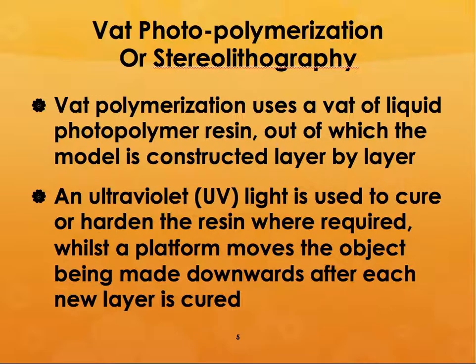So essentially you are taking a container of liquid polymer, photopolymer resin, which is an acrylate type of resin, and if you expose that to ultraviolet light, not over the entire vat, but you specifically draw a line from a laser which produces ultraviolet light, you can cure or harden the resin where it is exposed to that.